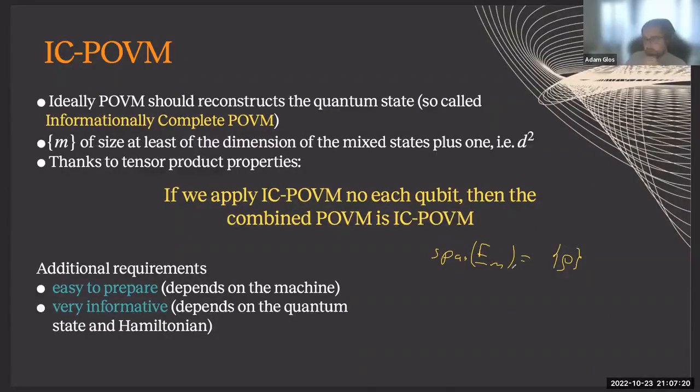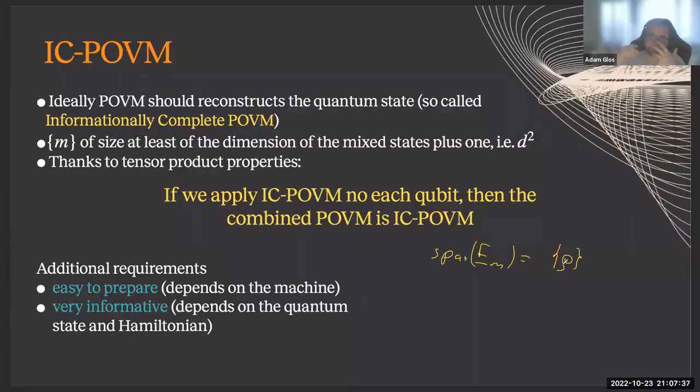Because this holds, applying many measurements on the fixed quantum state, multiple copies actually, allows us to approximate the quantum state itself.